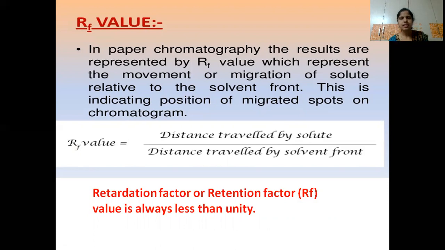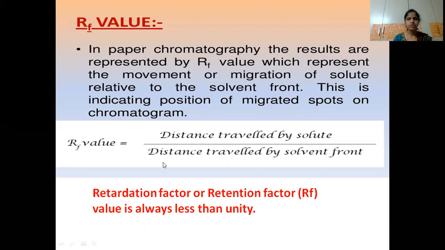As we have seen in the previous slide, the components have traveled to different extents. So after doing the experiment, we have to calculate the RF value of each individual component. How can we calculate it? By using this formula.